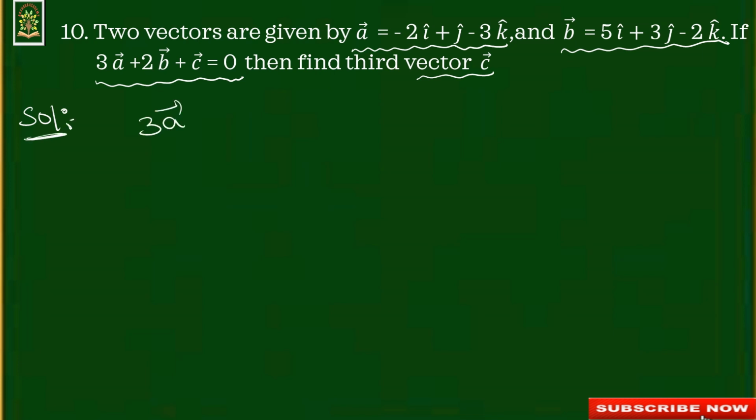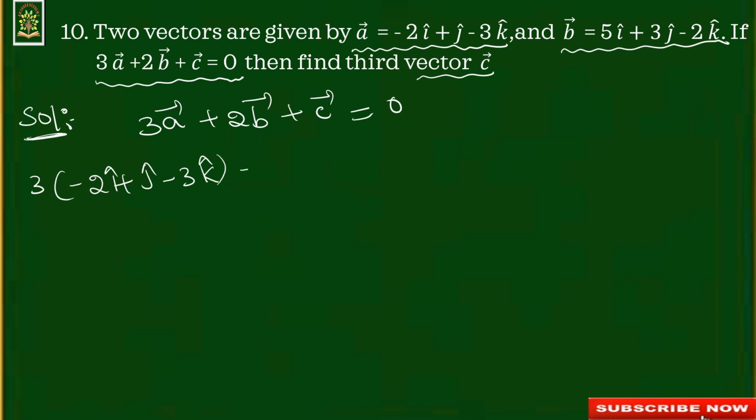3a bar plus 2b bar plus c bar is equal to 0. So 3 of minus 2i cap plus j cap minus 3k cap plus 2 of 5i cap plus 3j cap minus 2k cap plus c bar is equal to 0.